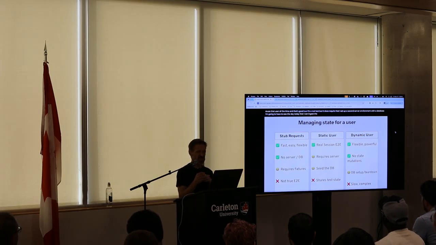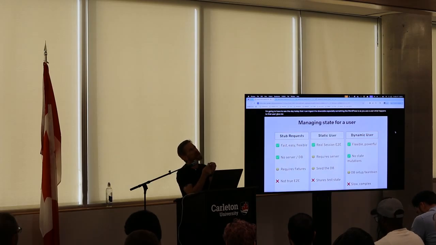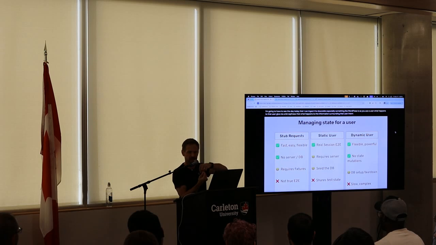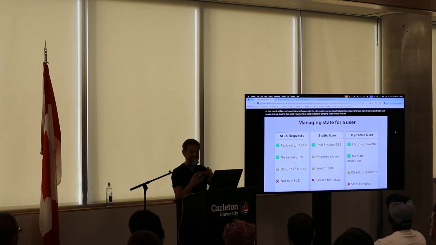The downside, especially in something like WordPress, is as you use a user, what happens to the information surrounding that user internally? It changes, right? It stores stuff, right? And so you end up sharing that state. You have state mutations, dangling state, and so it could negatively impact or affect those other tests.